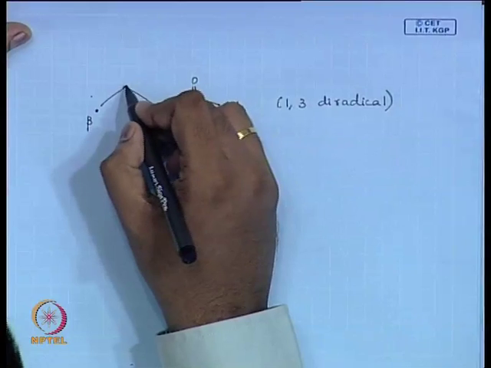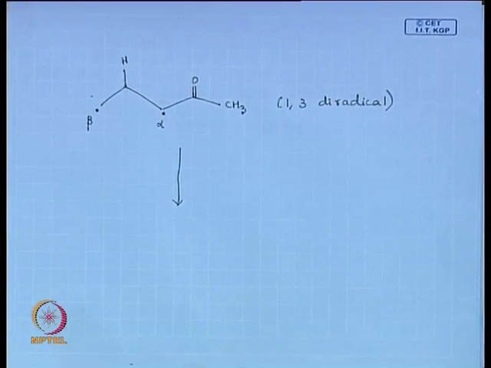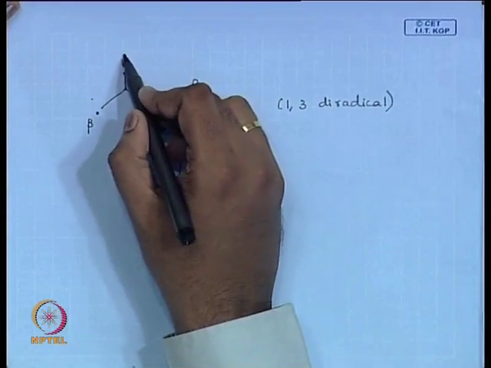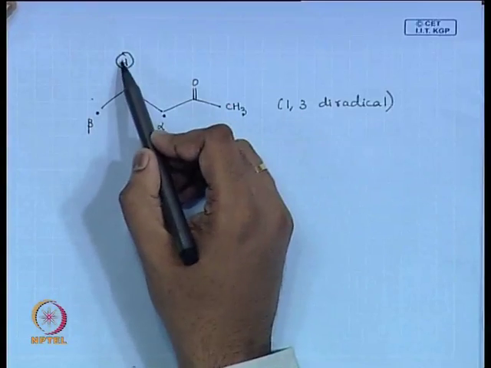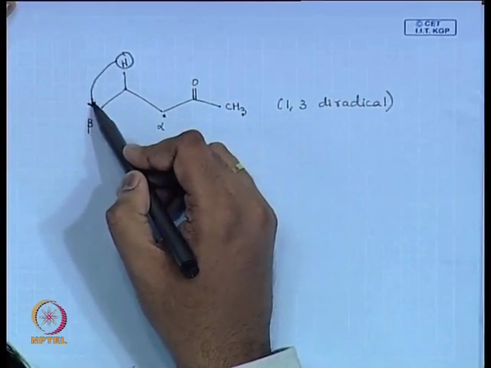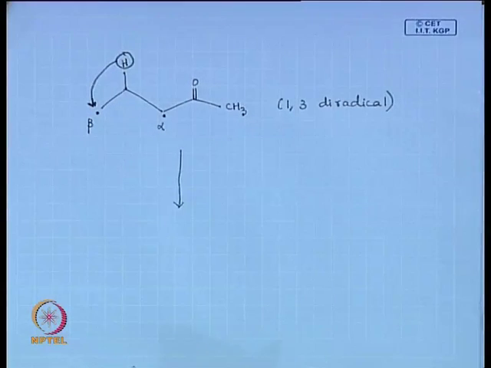which you have studied, like, yeah, now it can do your 1,2 hydrogen shift, that is what you normally see. This hydrogen can be shifted, it is a radical. So, you can do a 1,2 hydrogen shift.